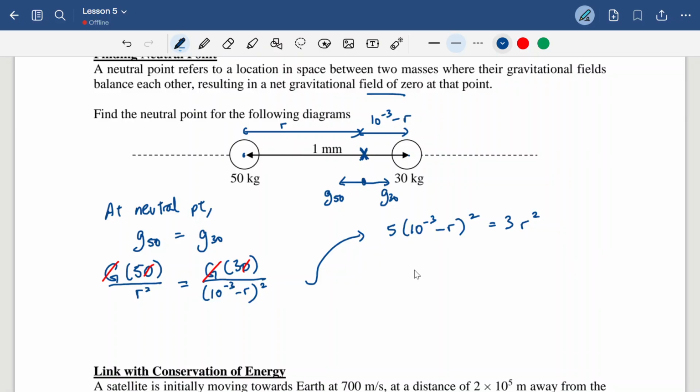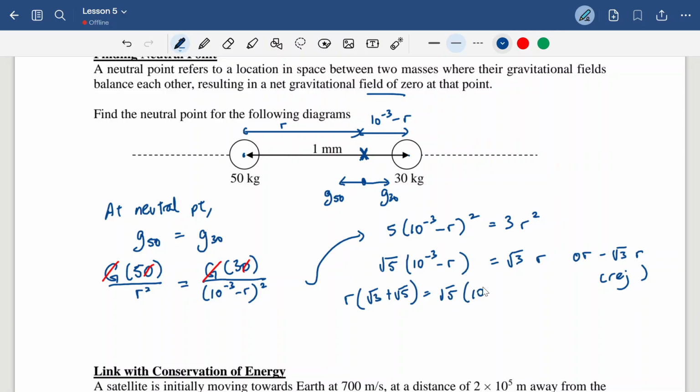Don't expand, no need to expand. Just square root both sides. We will reject this because this is positive and this is positive. So from here, you can get your R of root 3 plus root 5 equals root 5 times 10 power minus 3.